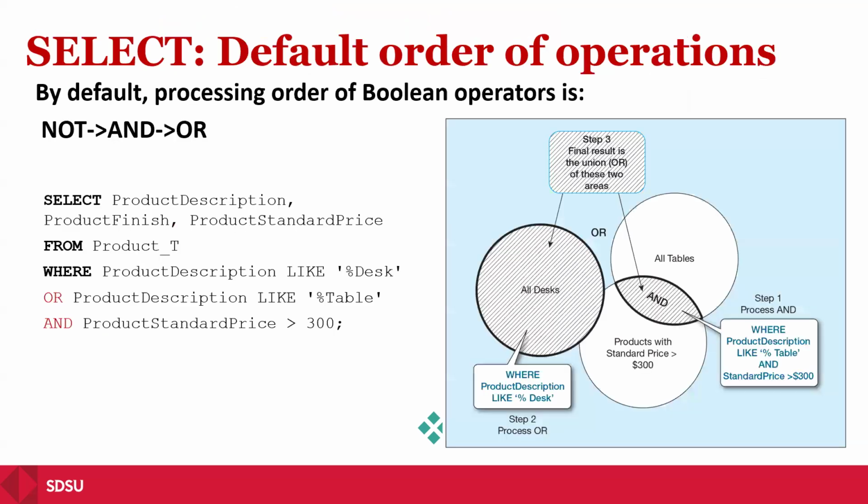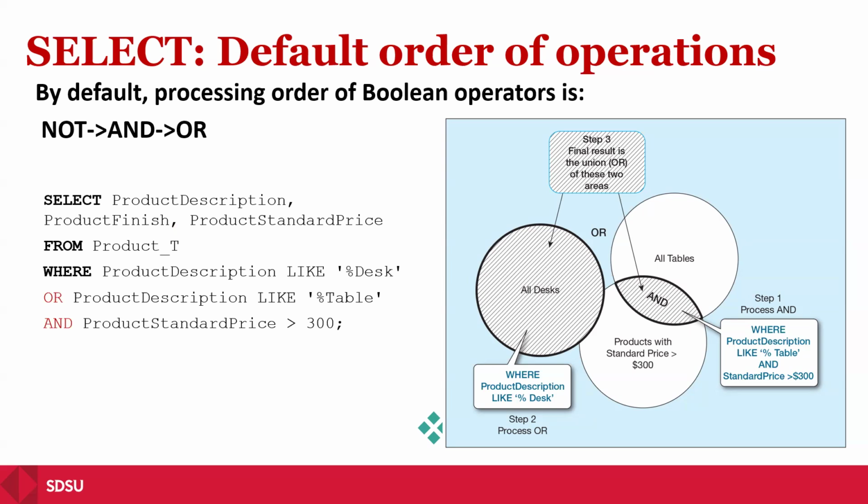Okay, but when it comes to logical operators, the very important thing is to understand the default order of those. The default order of operation is as follows. First, we execute NOT, then we execute AND, and then we execute OR. So for this query, first we're going to execute AND, right?